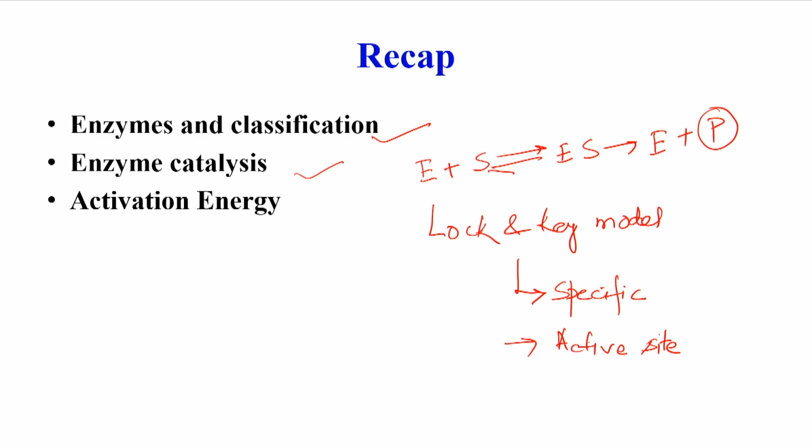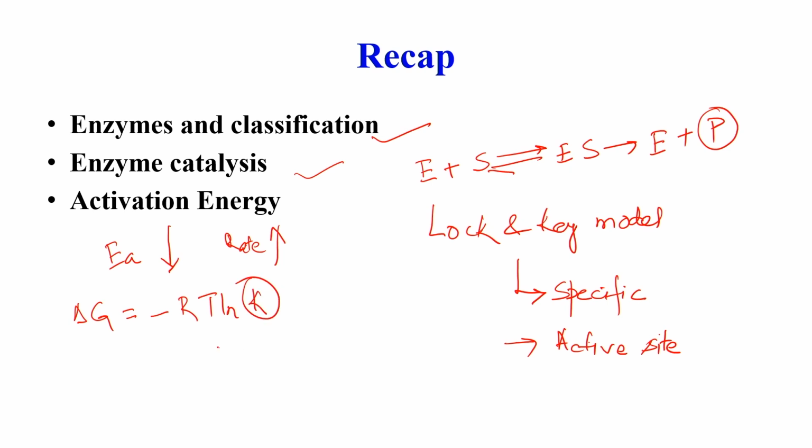So, basically it lowers the activation energy, and once it is lowering the activation energy, the rate increases. EA, activation energy, is lowering and the rate of reaction increases, but at the same time there is no change in the equilibrium, meaning delta G of product formation equals minus RT ln K. K is the equilibrium constant, so K remains the same.